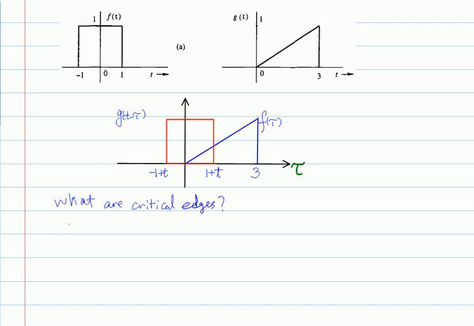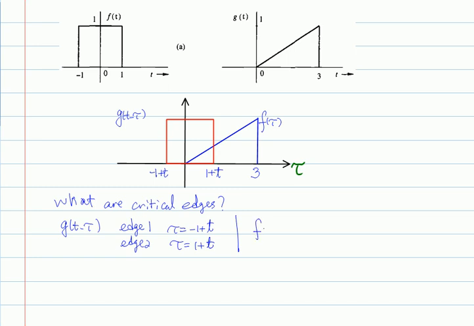For example, for the function g of minus tau, I have two edges: edge number 1 is tau equal to -1 plus t, and edge number 2 is tau equal to 1 plus t.